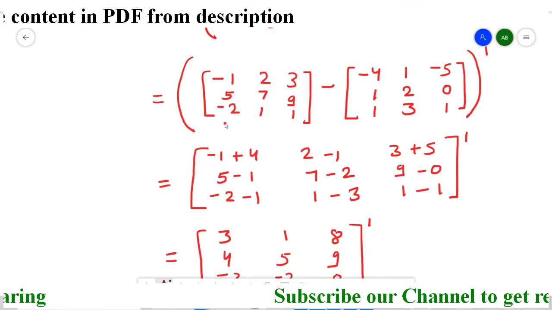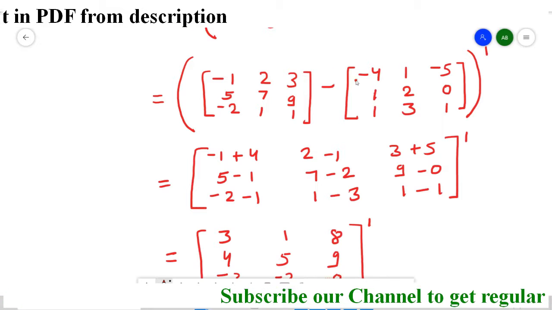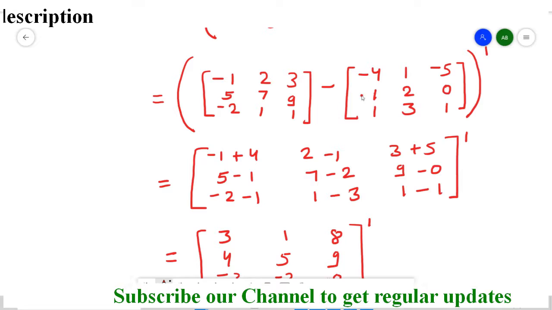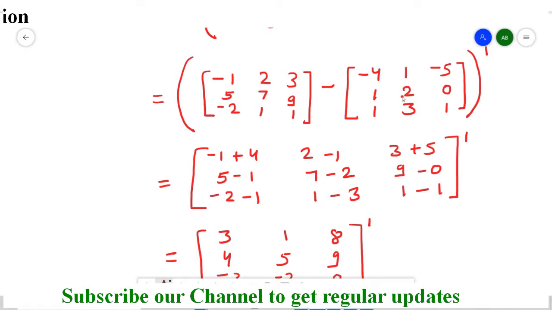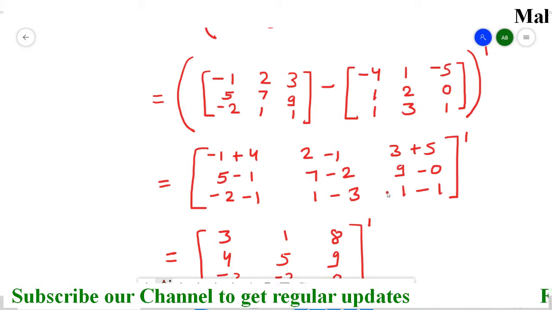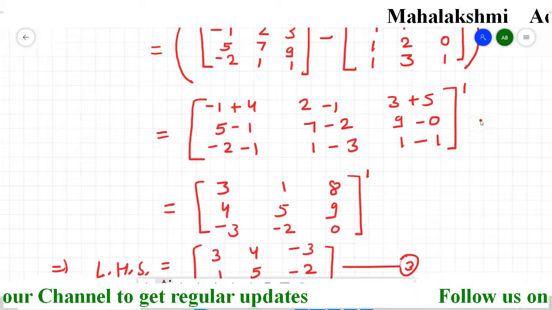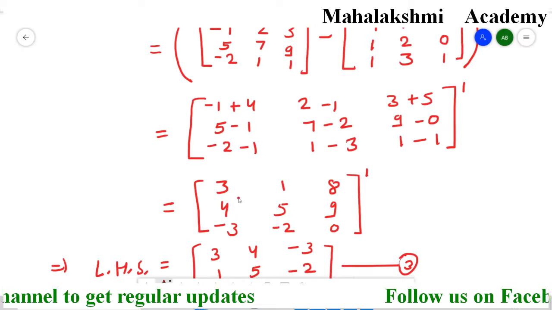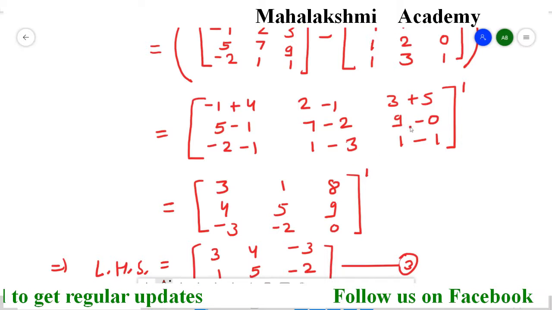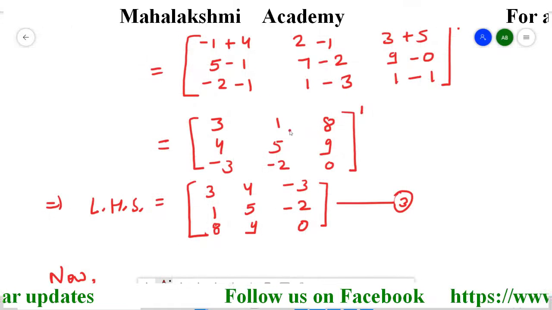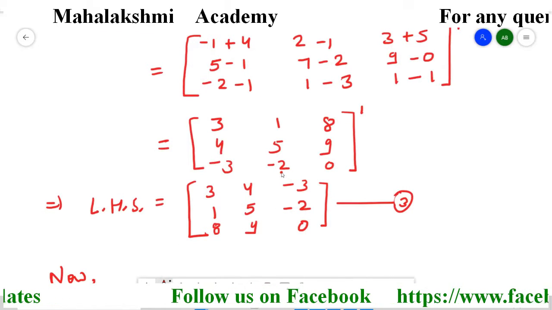From here minus 1, minus and minus becomes plus, so plus 4, then 2 here, then 2 minus 1, like this the corresponding elements are subtracted, and the transpose symbol stays as it is. Now find the differences, write the difference in the matrix, and the transpose symbol again stays. After all simplification, we will do the transpose of this matrix.